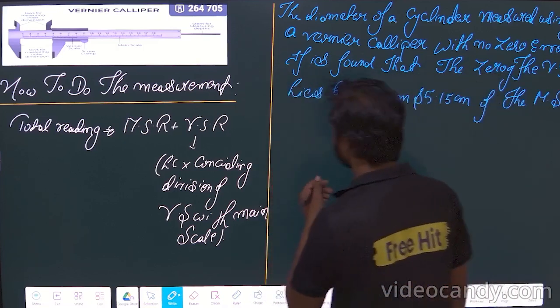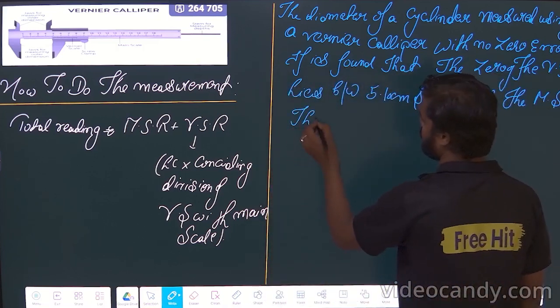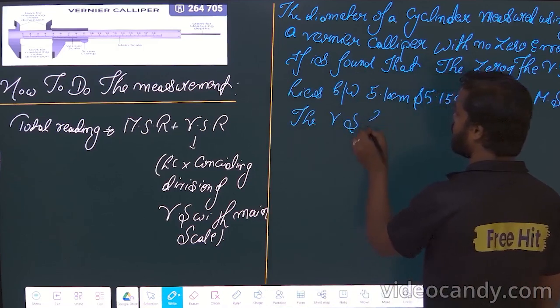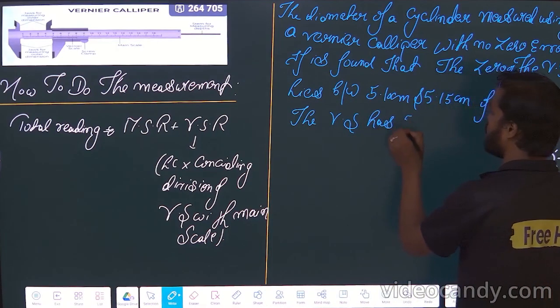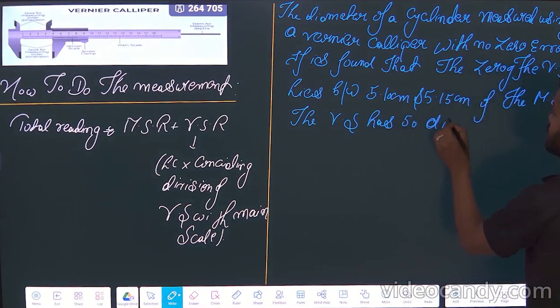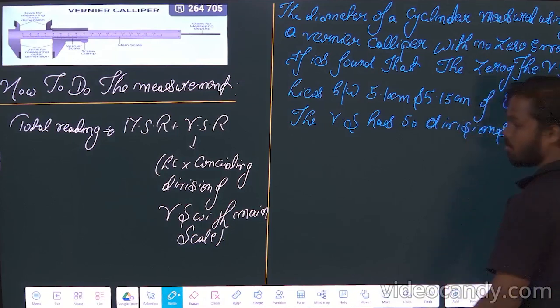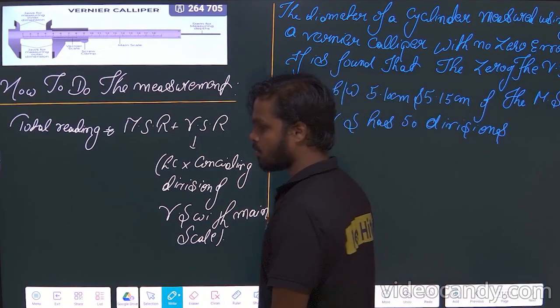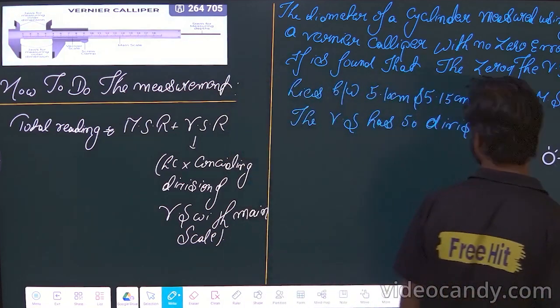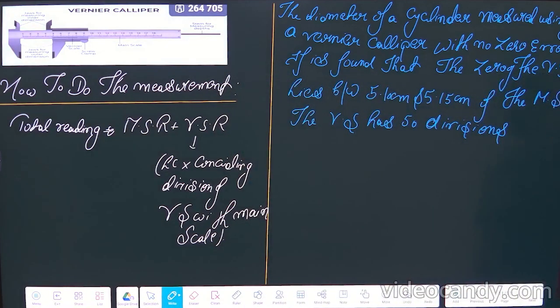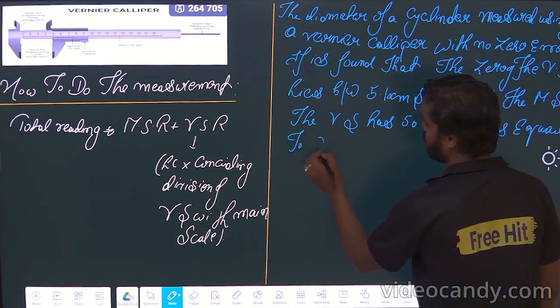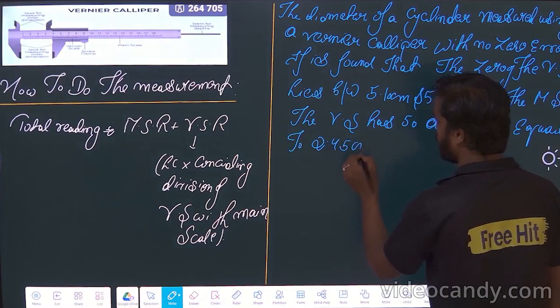And the vernier scale has a total of 50 divisions, equal to 2.45 centimeter.